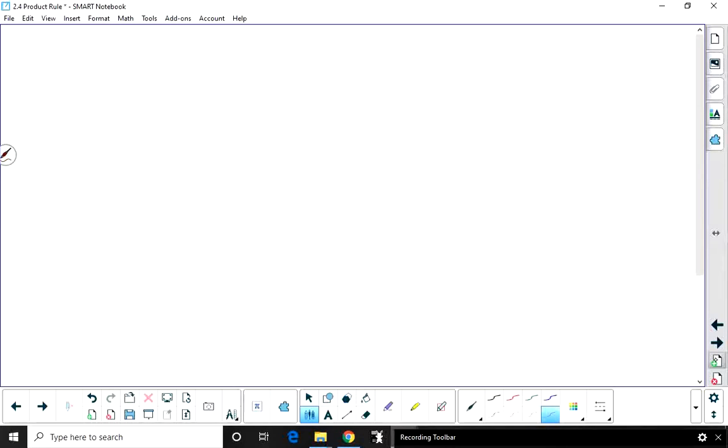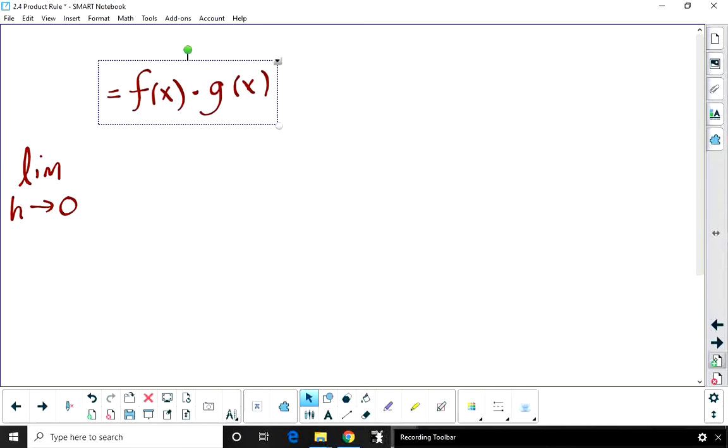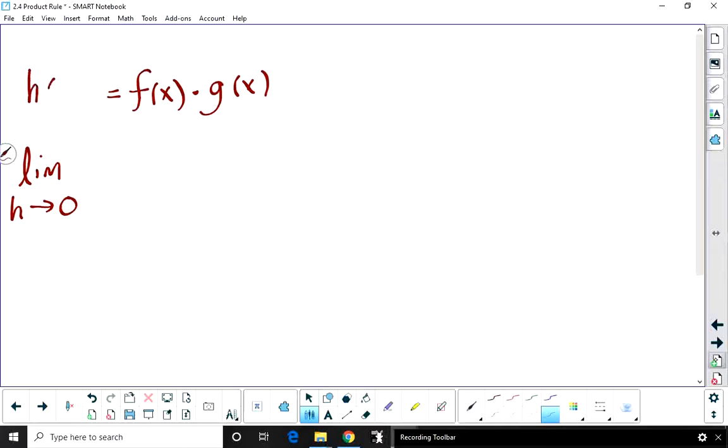If a function y is equal to f of x times g of x, two other functions multiplied together, then let me write out your derivative definition. I'm going to need to actually call this function something else. I'm going to call it h of x.